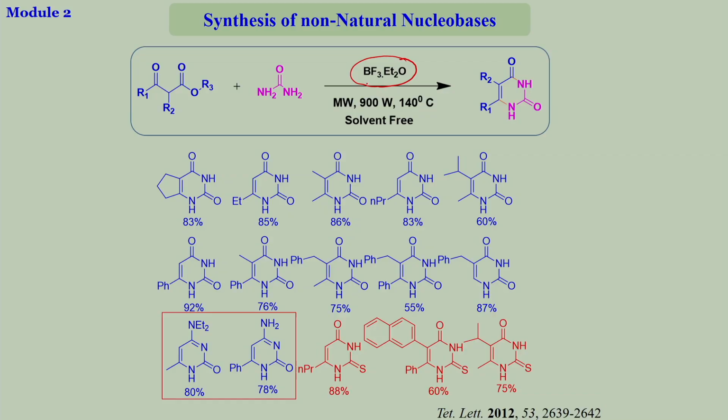So, BF3 is the Lewis acid, LA for Lewis acid. You do not need strong acid, you do not need strong base, just a little bit of the Lewis acid, and then if you do the reaction in a microwave oven, not the kitchen microwave oven, there are microwave reactors that are available for chemical reactions.